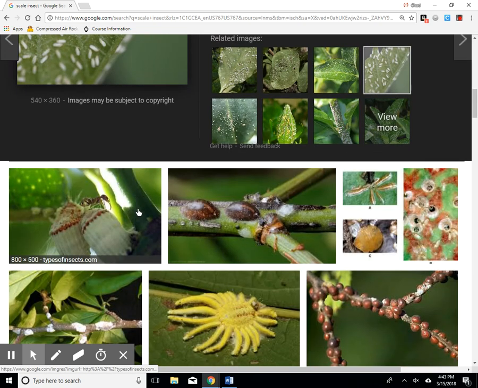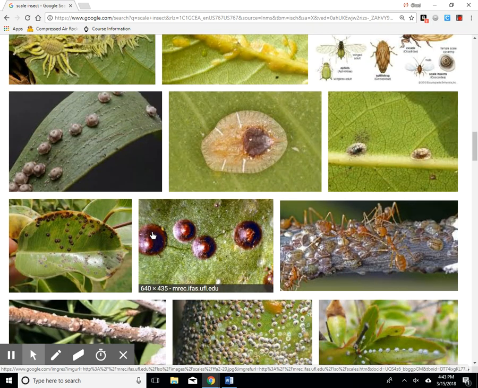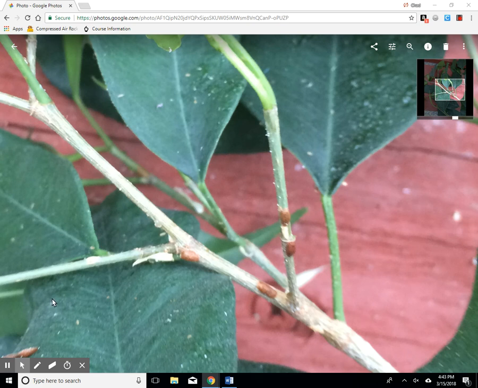Here's a really close-up one. It doesn't look like a little insect, does it? But it hunkers down, drills a little well into the plant and just stays there and sucks juice out of it. So we can see these scales hunkered down right there.